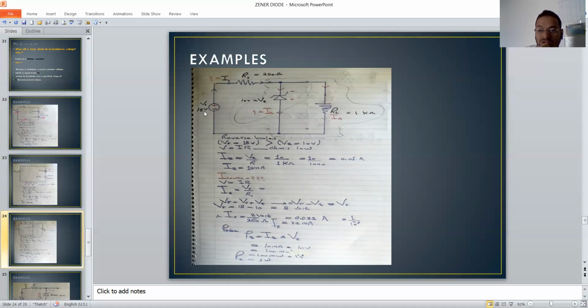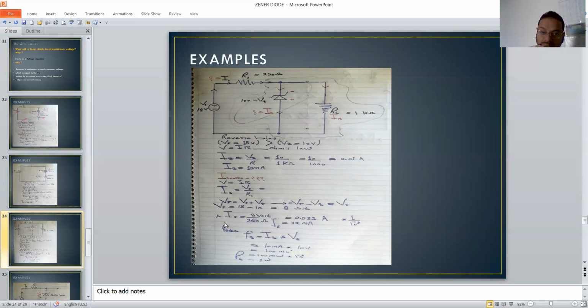We know the voltage source result and the Zener voltage value. By that, we can calculate the voltage at the resistance. The voltage at the resistance, here must write R, not S, equal 8 volt.